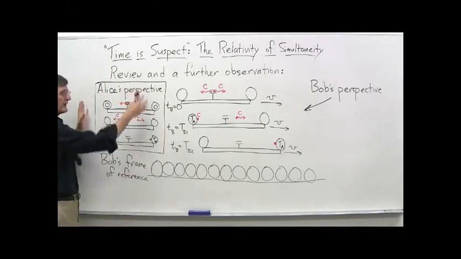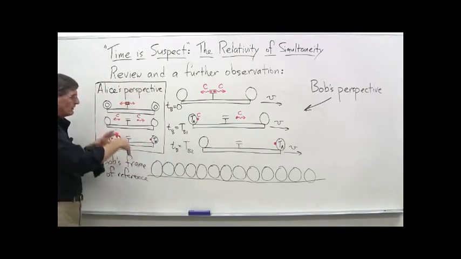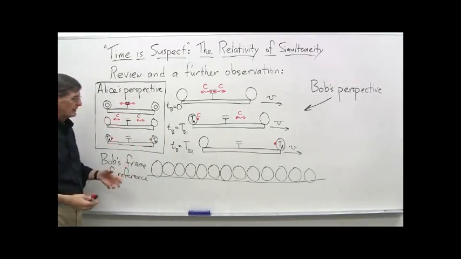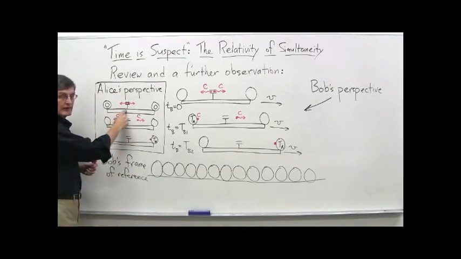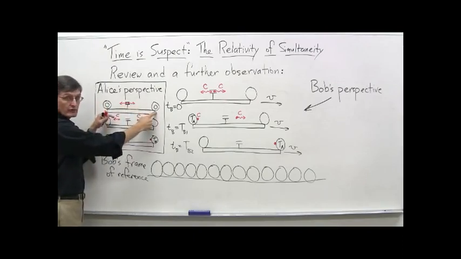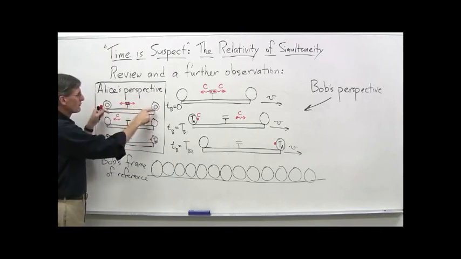So here's Alice's perspective on her spaceship. As far as she's concerned, she's not moving. She has the light pulse apparatus here. She shoots one light pulse that way, one light pulse that way. Her clocks are synchronized, so the light pulses both go off at the same time at T_A equals 0, her time.